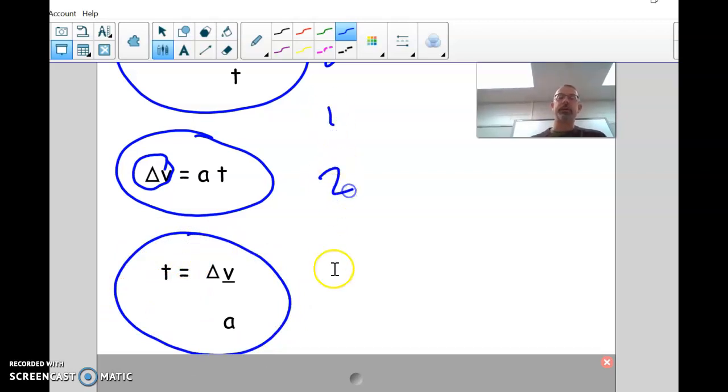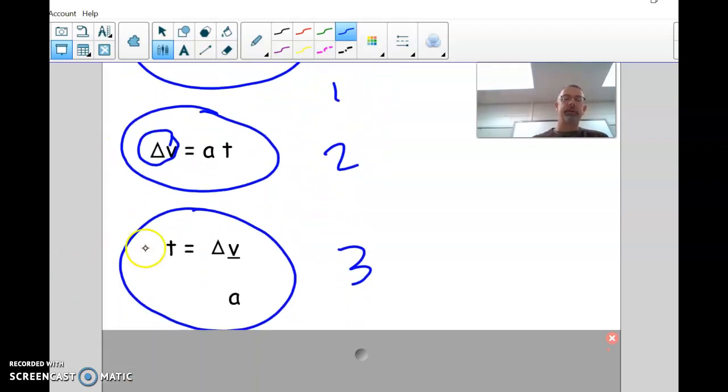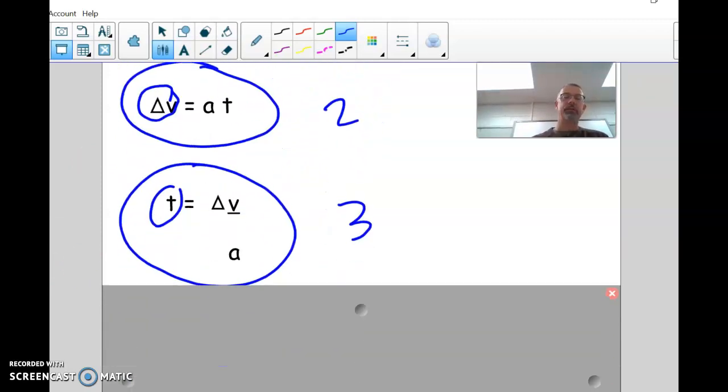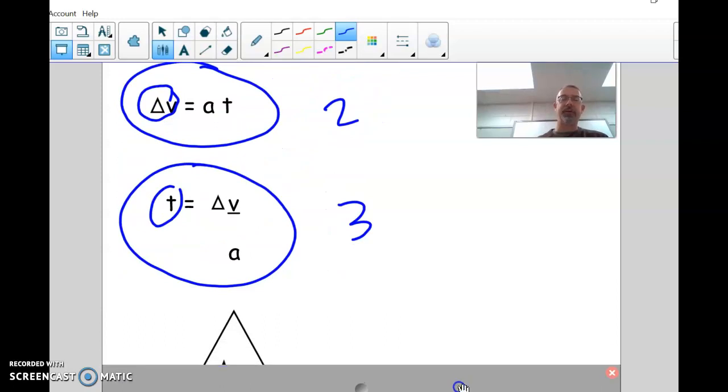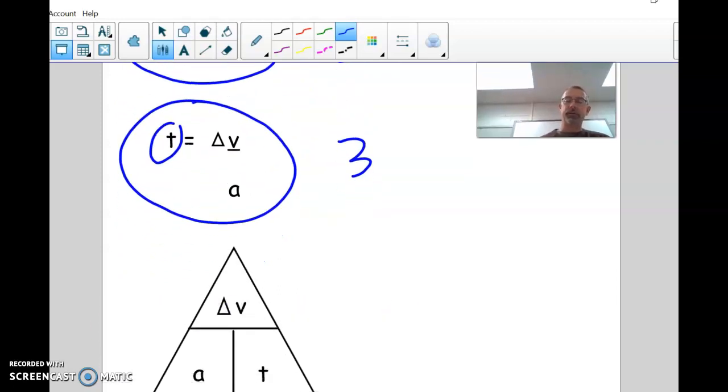So I kind of get three equations for the price of one. It just depends upon which of these I am looking for. Am I looking for velocity, acceleration, or time? And as long as I follow a certain method here, I'm going to be hunky-dory in terms of being able to solve it.